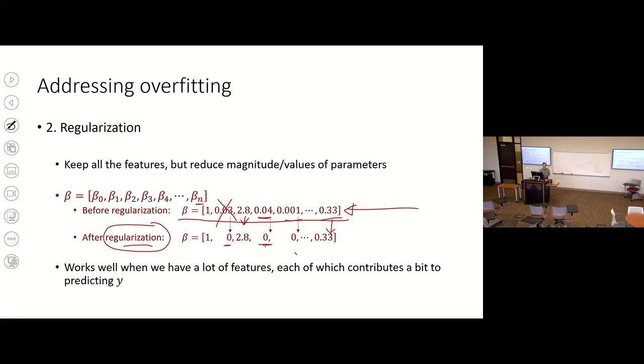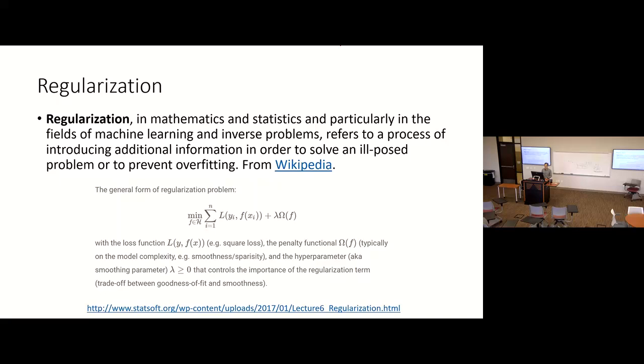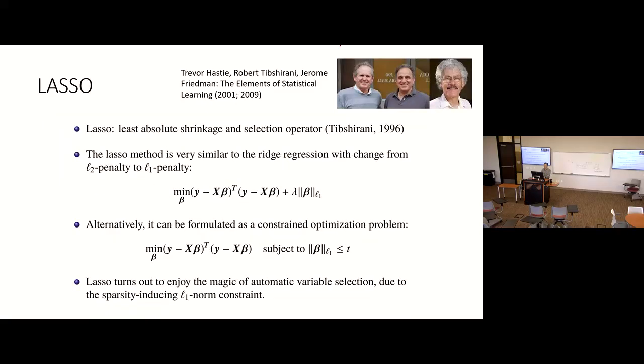So we need to find a more systematic way to see what cutoff we should use to get rid of those values, because one of the values could be 0.09. Would you get rid of it? Or 0.1? So the procedure we are going to use is called lasso.